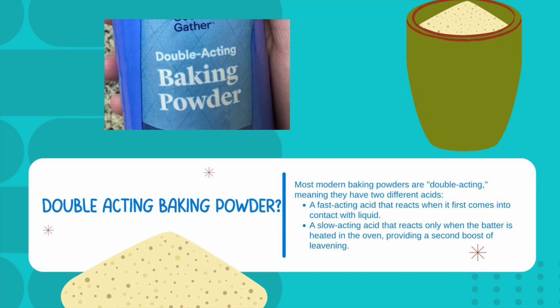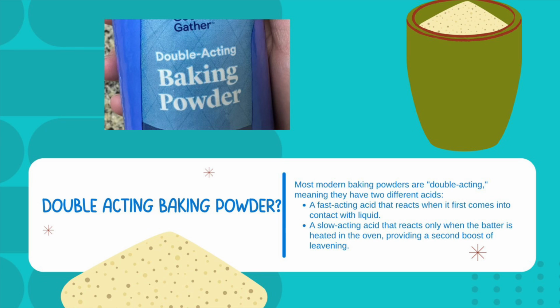So now I wanted to go over the two main types of baking powder. So there's single acting, which releases gas as soon as it's mixed with a liquid, and then there's double acting, which is what most modern baking powders are. And so they have two different acids. One of them is a fast acting acid that reacts when it first comes into contact with the liquid, and then a slow acting acid that reacts only when the batter is heated in the oven to provide a second boost of that leavening effect.